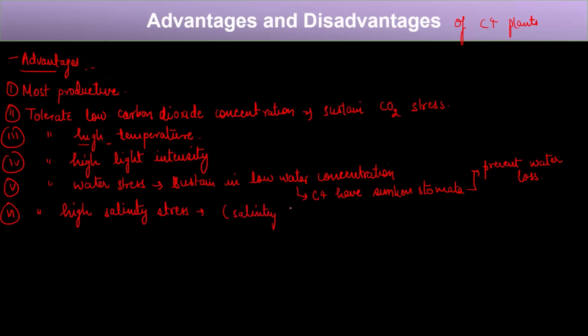So these can also sustain high salt concentration. And this might be the reason that these plants are most productive, because even if the concentration of carbon dioxide is low or water is low, they are efficient to survive and hence can be most productive.